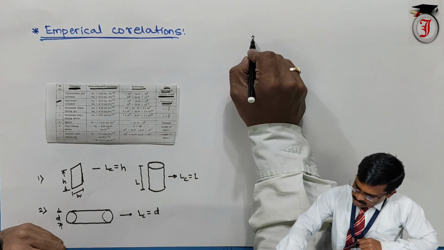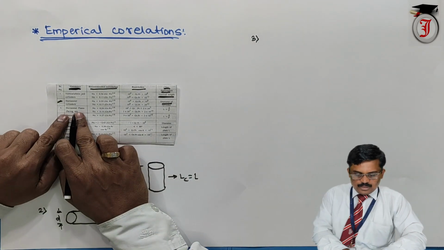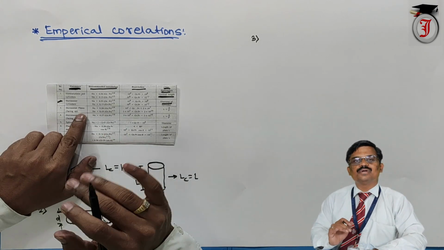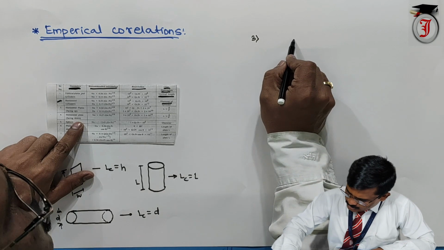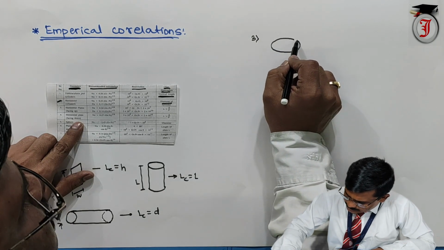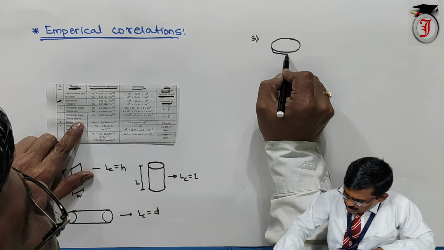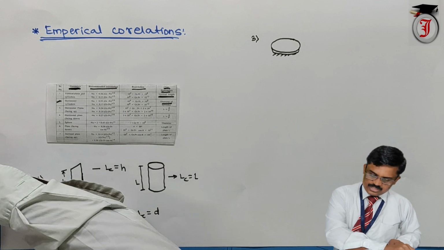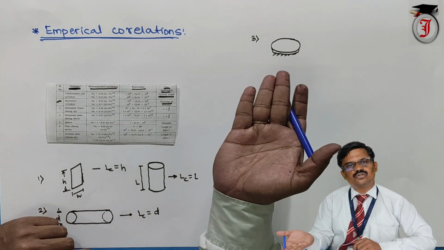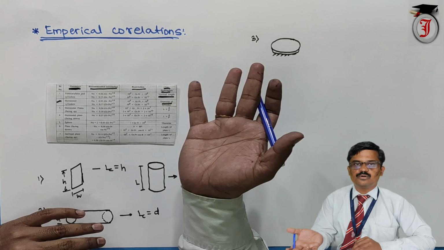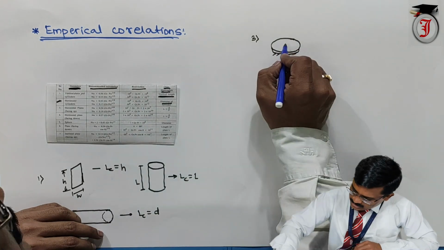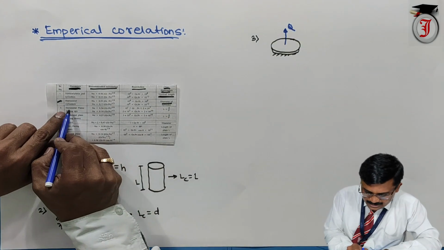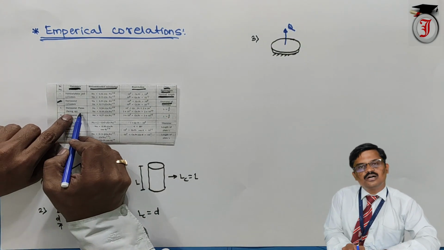Let us discuss the third case now: a horizontal plate facing upward. Suppose this is a circular disc or plate and the bottom surface of the plate is insulated, so heat transfer is in the upward direction. We call it a horizontal plate facing up.